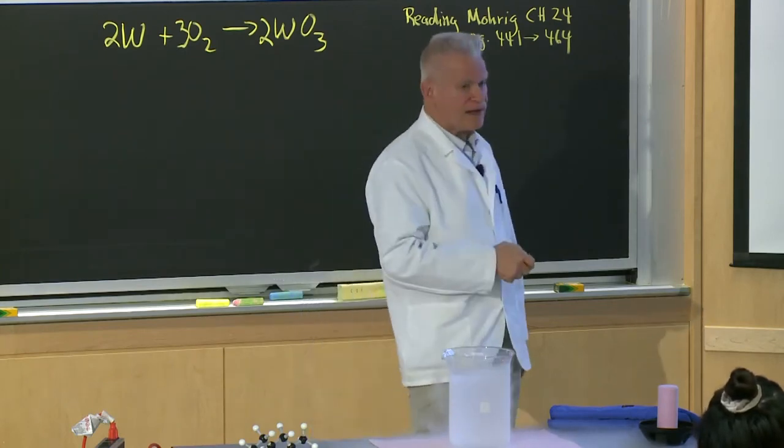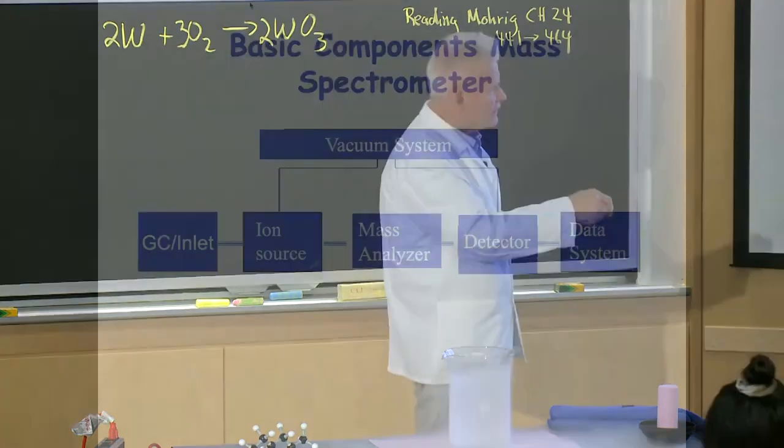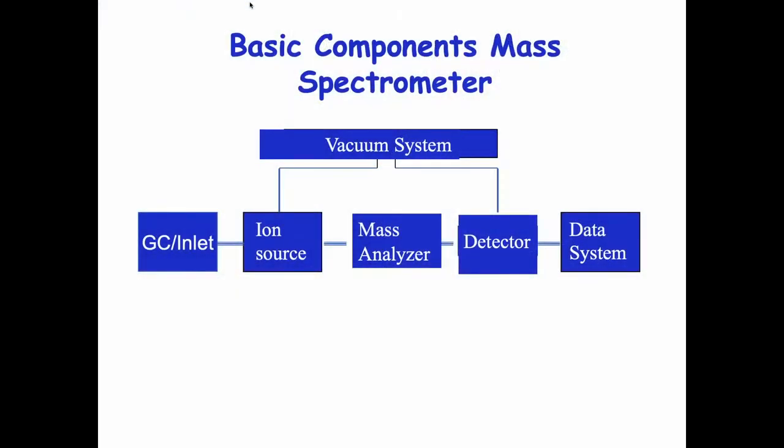So you're generating ions. The ions are going to get generated in this ion source. The filament's going to shoot electrons onto your molecule, and it's going to ionize your molecule, and then the molecule's going to break apart. And positive ions are very short-lived species, so we manipulate them under vacuum.